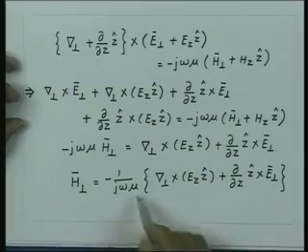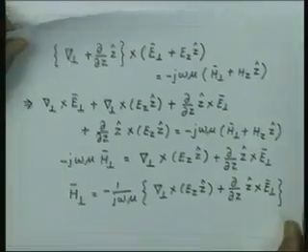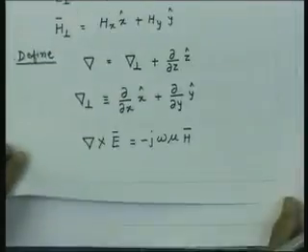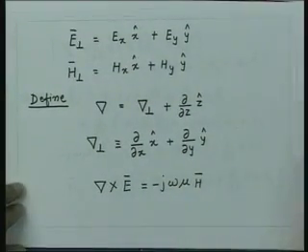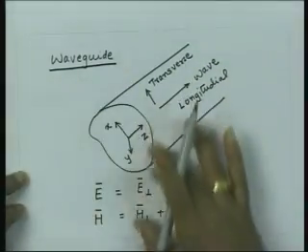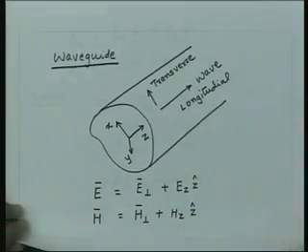Similarly, if I take the other curl equation, instead of taking del cross E, and again assume that the medium filling this waveguide is an ideal dielectric, there is no conductivity, that means there is no conduction current.